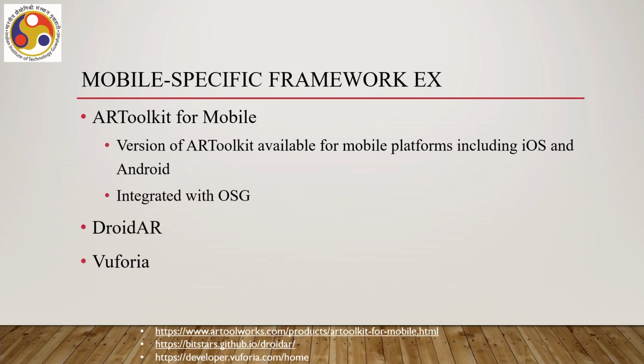Now, there can be mobile specific frameworks as well. For example, AR toolkit for mobile. It is a version of the AR toolkit available for mobile platforms including iOS and Android, integrated with open scene graph, but developed for mobile. Then we have Droid AR and also we have Vuforia. Vuforia is still quite popularly used.